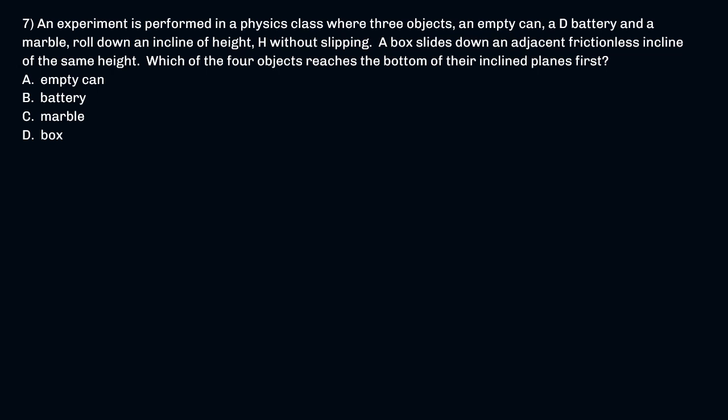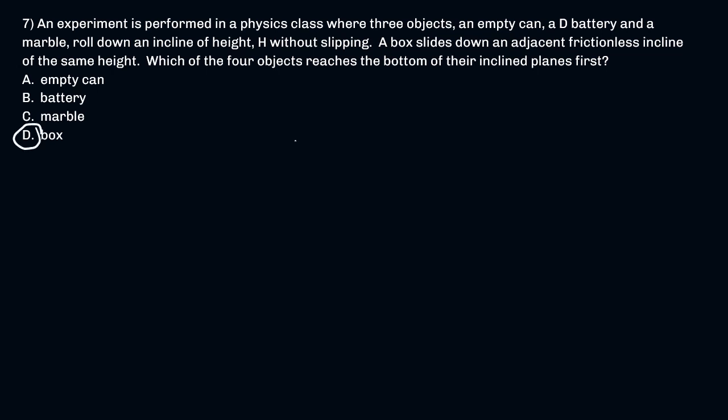This is again because it only goes from gravitational potential energy into translational kinetic energy, so it's going to be faster at the bottom, and it doesn't have that frictional force working against it, so it's going to have a greater acceleration moving downwards as well. So it is going to be the box. Answer choice D should get to the bottom of the inclined plane first.